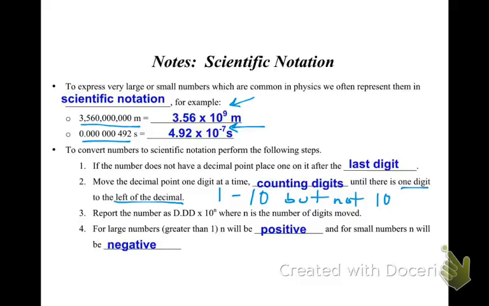Then you'll report the number as a digit, a decimal and digits, times 10 to the n, where n is the number of digits moved. So for large numbers, you will have a positive exponent, and for small numbers, you will have a negative exponent. Let's do some examples on the next slide.